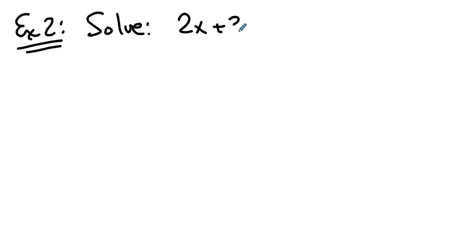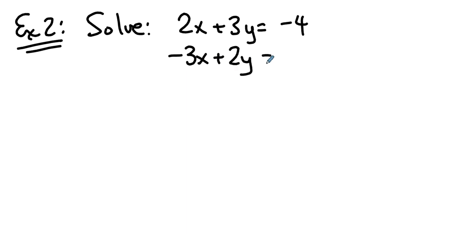Well, it's not always that easy. Let's solve 2x plus 3y is negative 4, and negative 3x plus 2y is 19. In this system, neither x nor y is by itself. So what do we do?